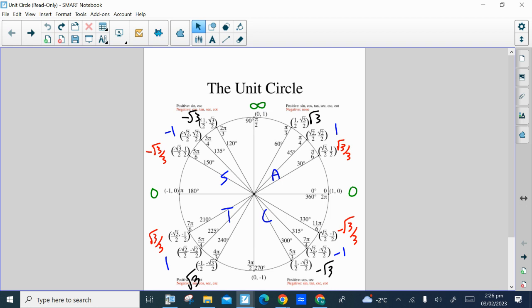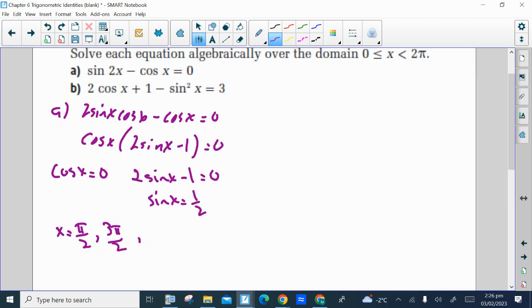Remember, sine is the y value now, and that equals positive 1/2 here at pi on 6, and over here at 5 pi on 6. So there's our solutions that we got.